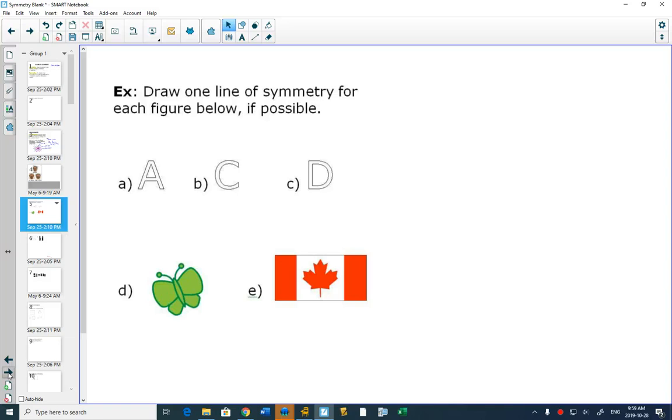Can you draw a line of symmetry for each of these shapes? So again, I'll get you to try it first, and then we'll check how you did. Lines of symmetry.